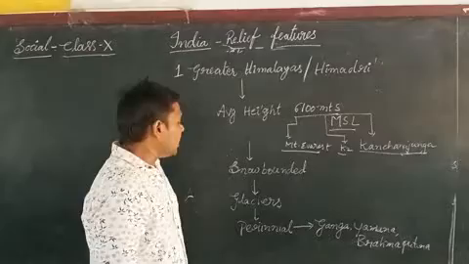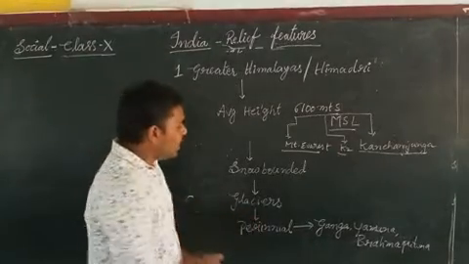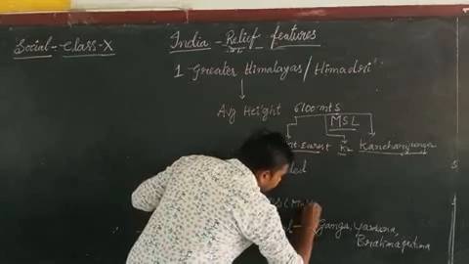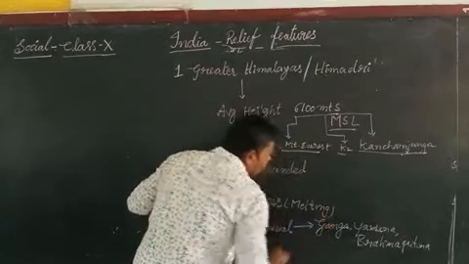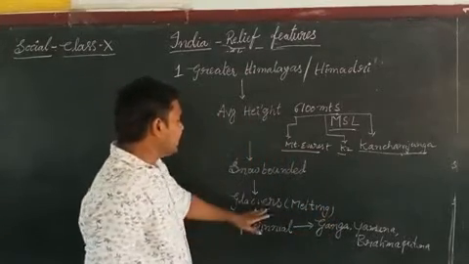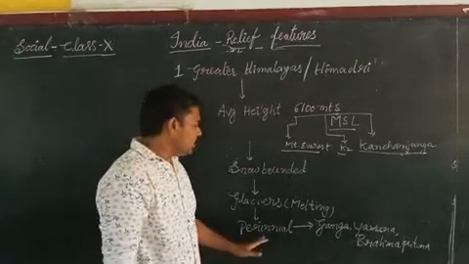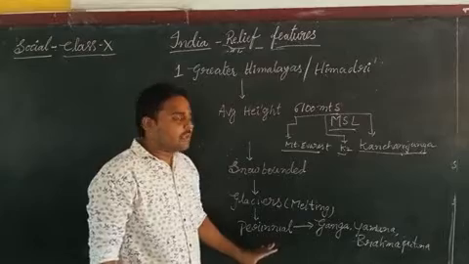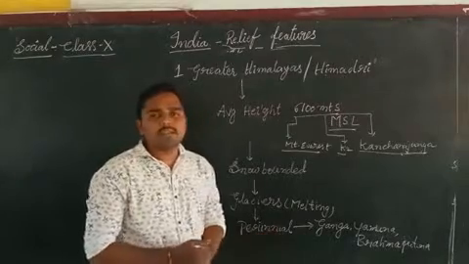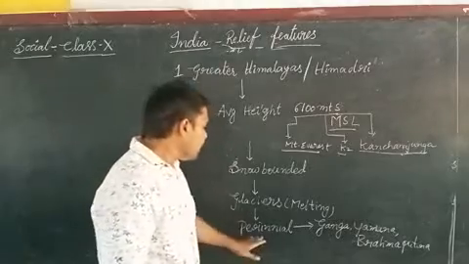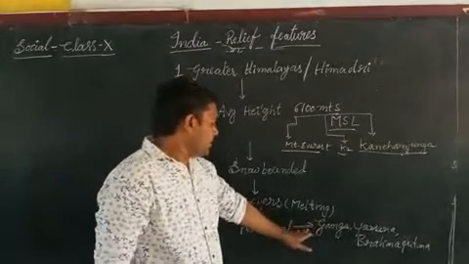Due to very high snowfall, the glaciers are formed. Due to the melting of ice present in the glaciers, it forms the perennial rivers. Here, perennial means the rivers that never dry up.